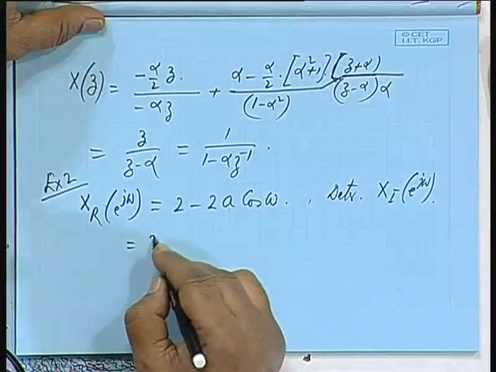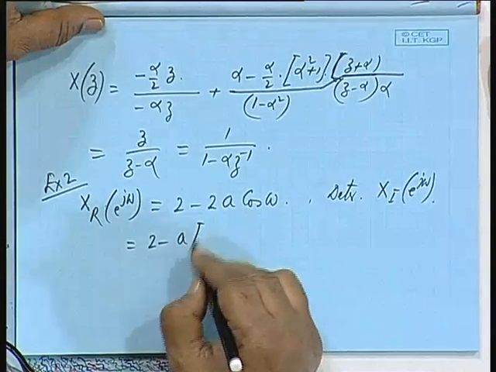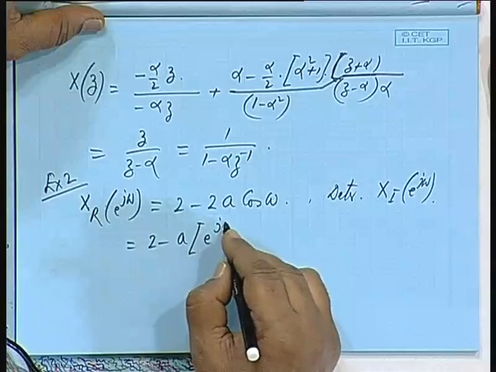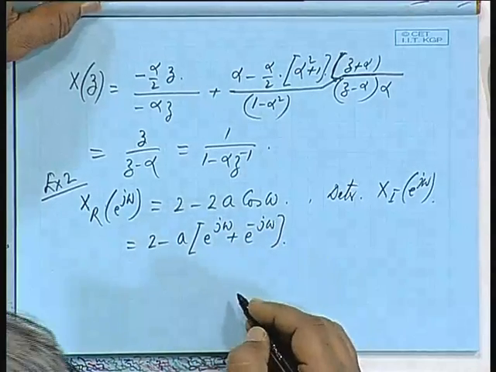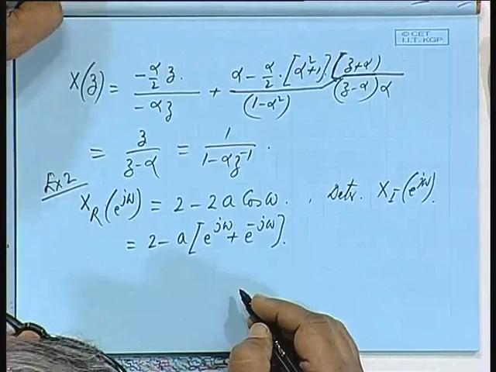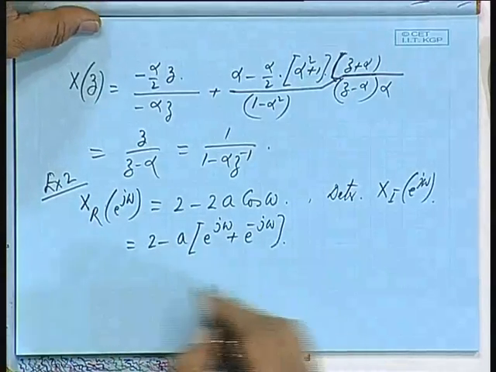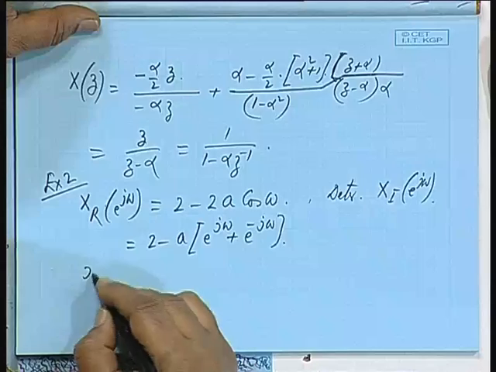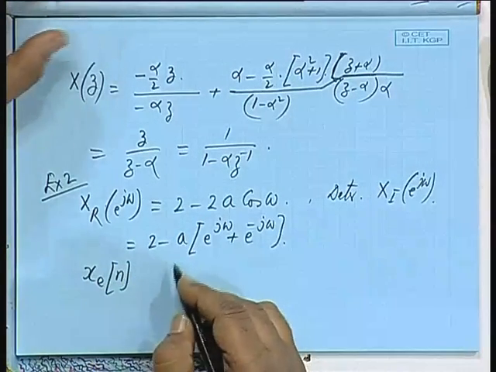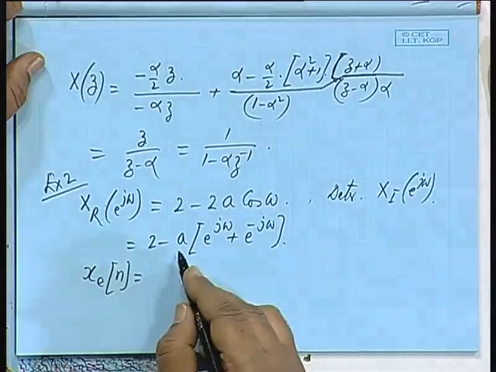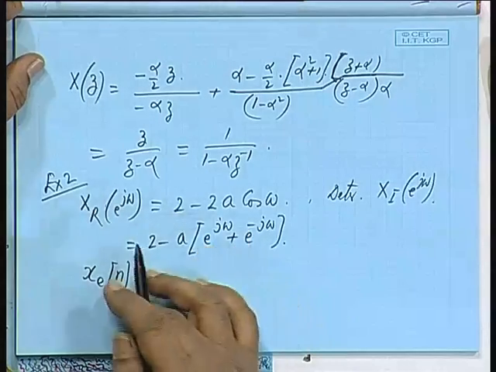Now, this I can write as 2 minus a into e to the power j omega plus e to the power minus j omega. Okay. What will be the corresponding even sequence? What is its inverse DTFT?